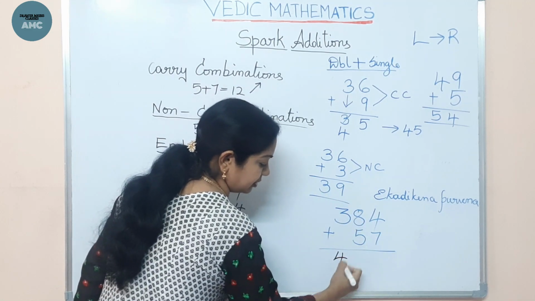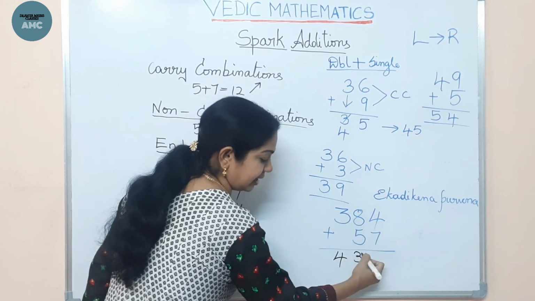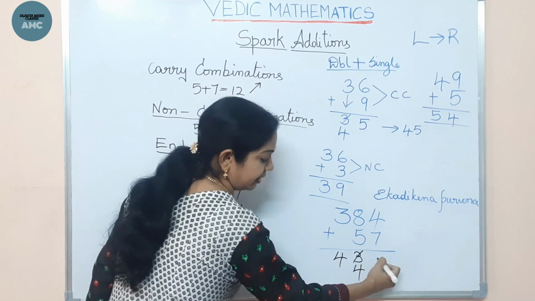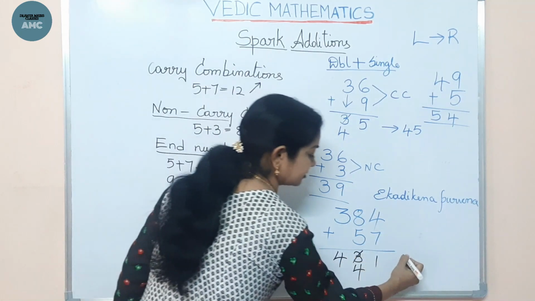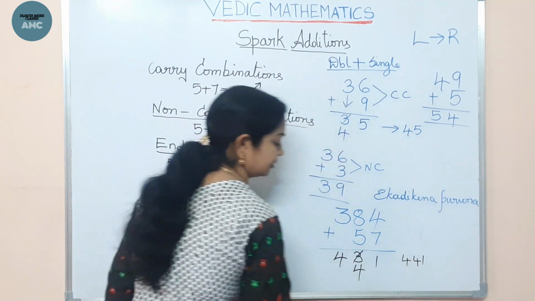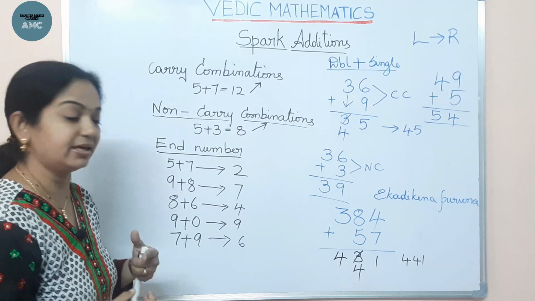So 3 but 4, and the end number is 3. But again 4, and the end number is 1. So 441 is the answer. This is a fast and smart way of calculating additions.